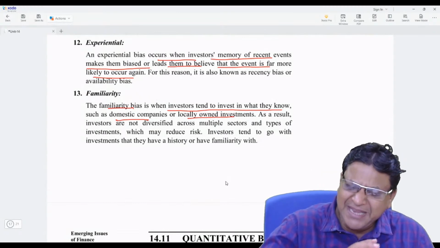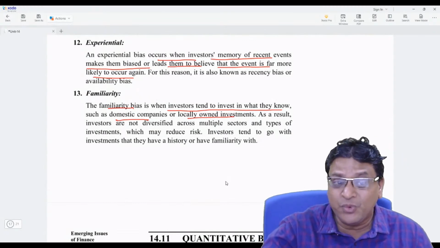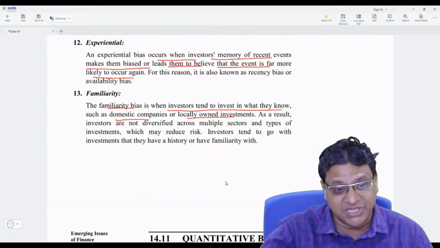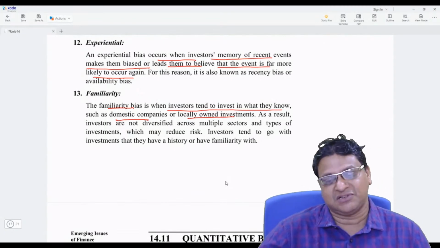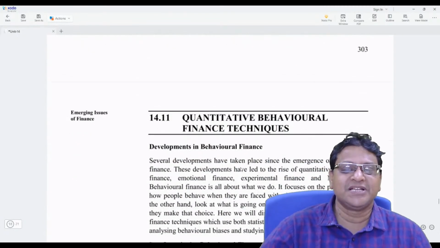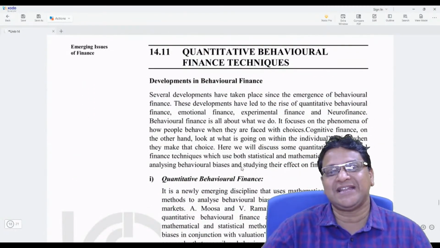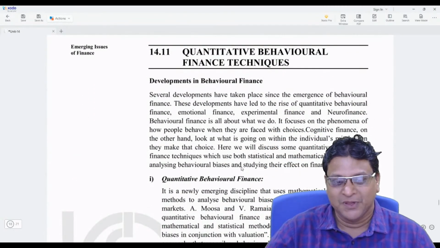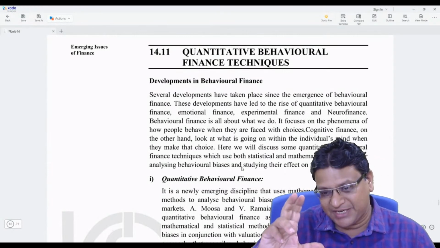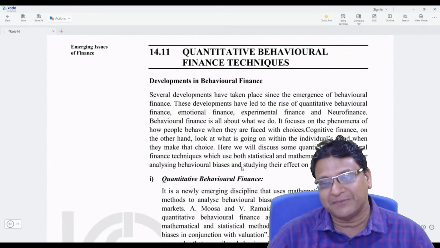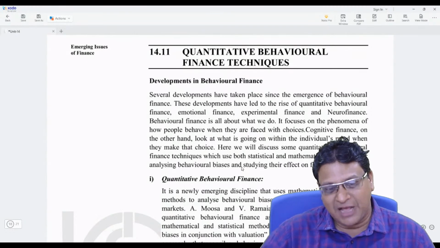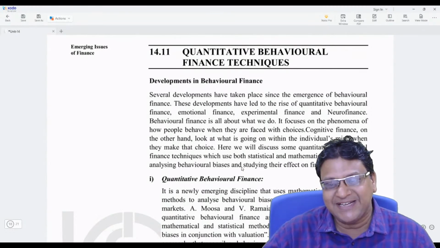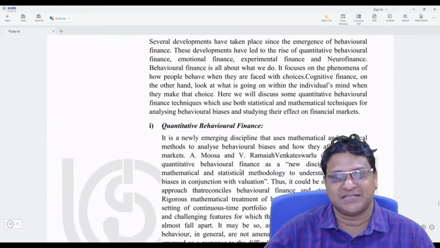So there are many other biases which influence the decision making process of the investors. Next, we'll discuss different quantitative behavioral finance techniques. So all these things we are discussing are qualitative behavioral decision making. Now we'll discuss what is quantitative behavioral finance.